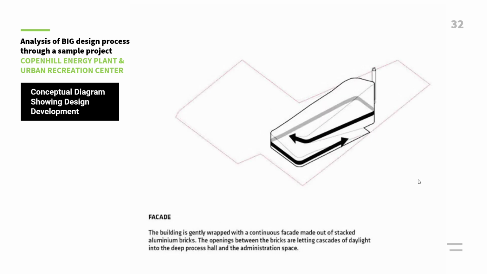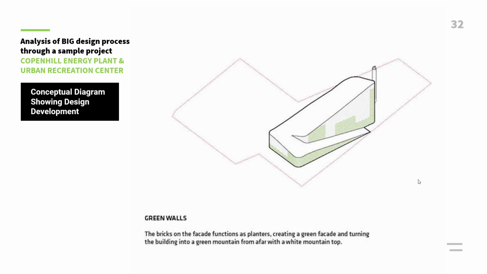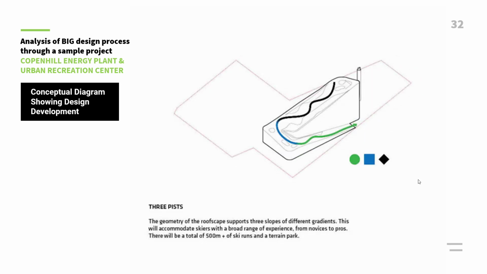So he achieved that by creating a facade that wraps around the building and allowed daylight into the building, but also created a play area for people to have a green roof on the top. So people can play games on the top and enjoy a lot of fun time on top of the building that is used for waste management.